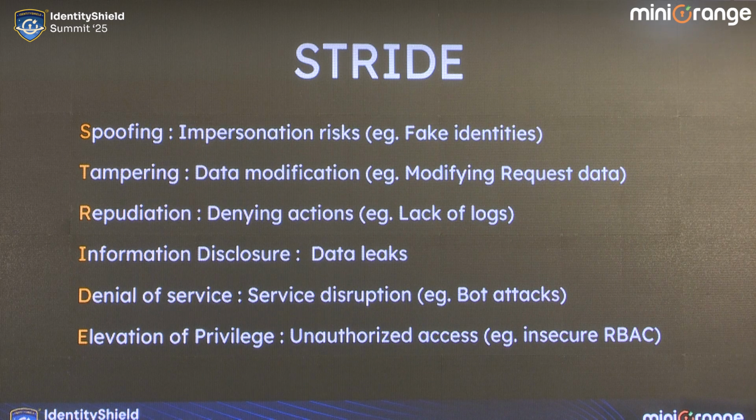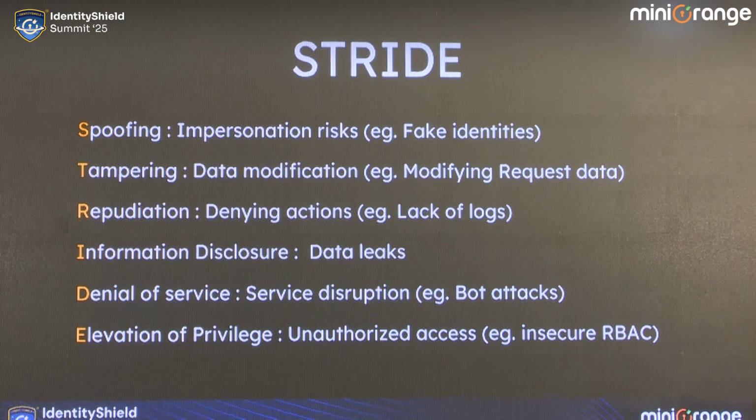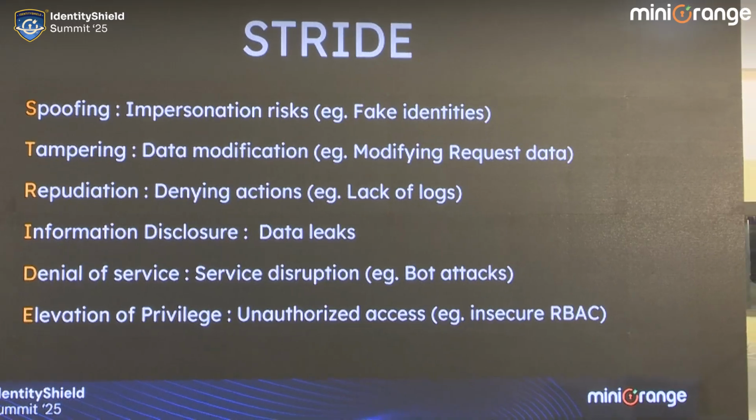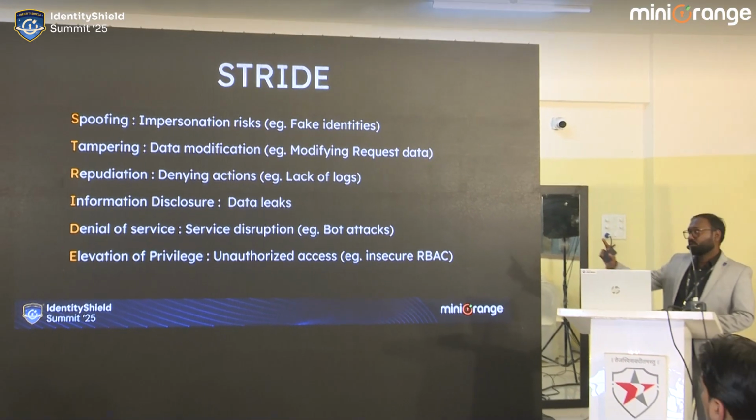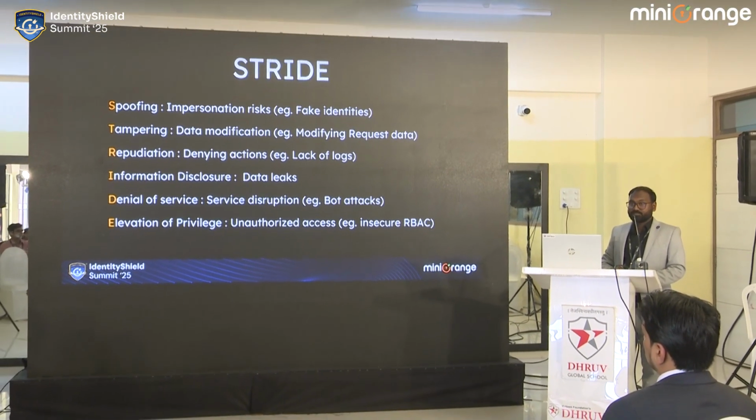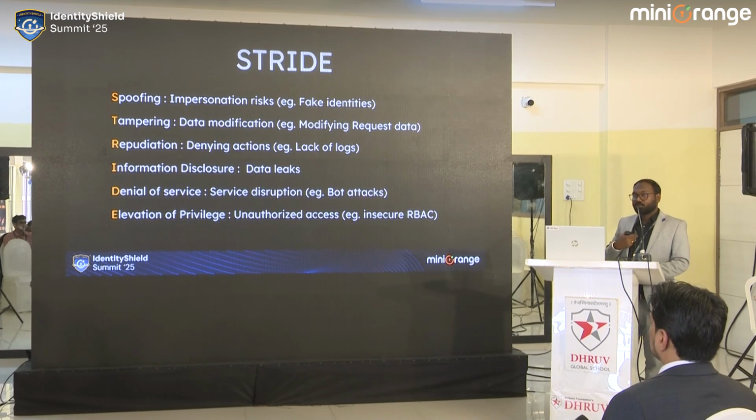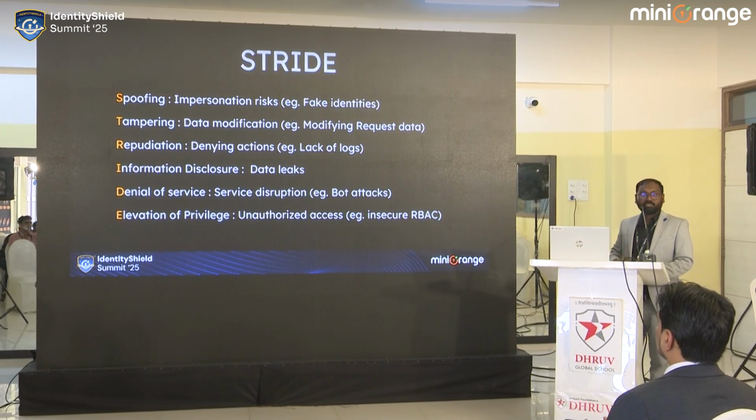Then elevation of privileges. So let's say you have an API. Okay. Again, same example. Your API only checks if you are authenticated or not, and that API is performing some sort of admin functionalities, but you managed to get access to that. Okay. So you were able to elevate your privileges. Because I was not checking for your privilege level, right?